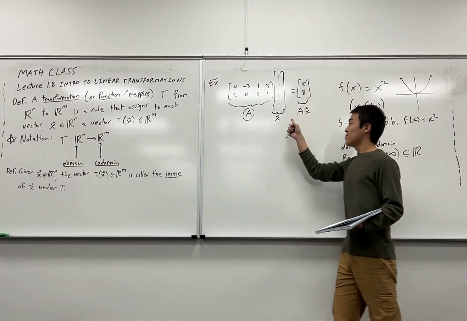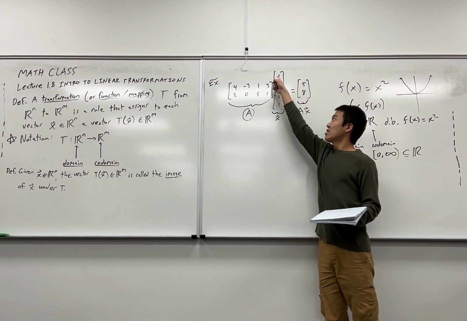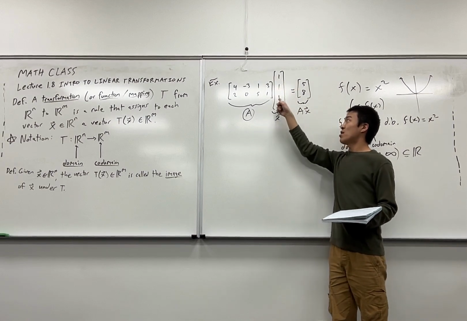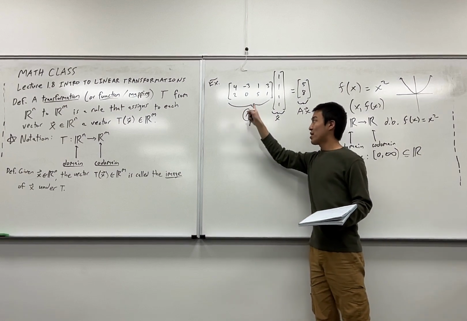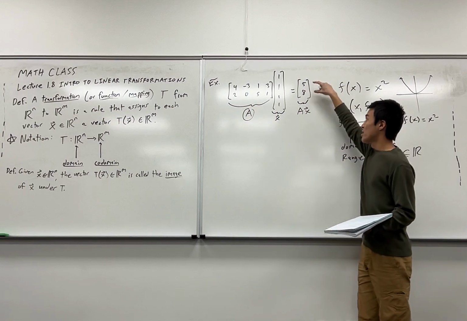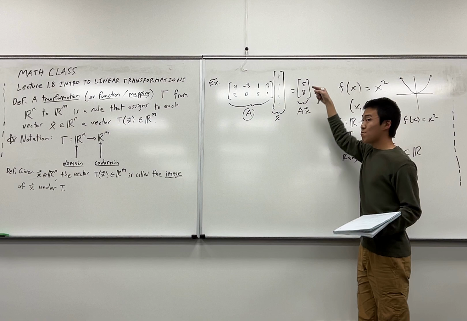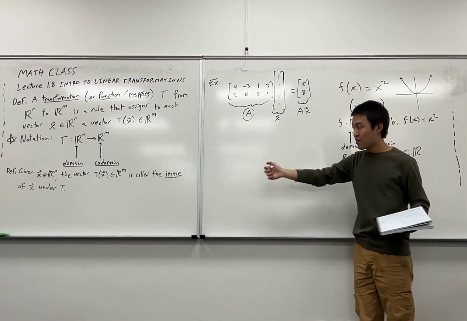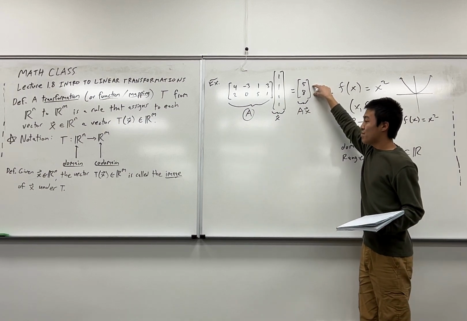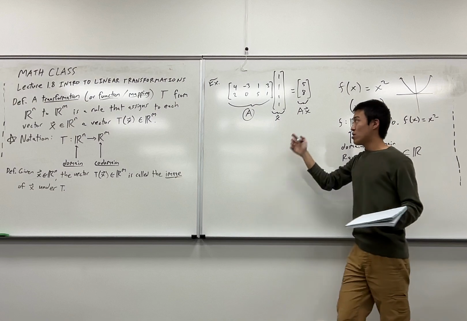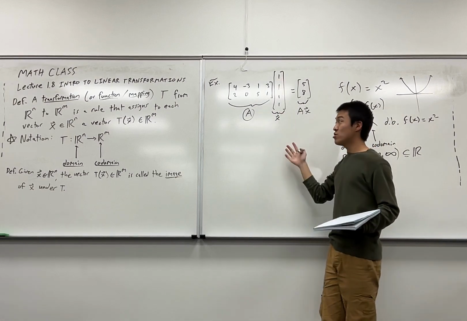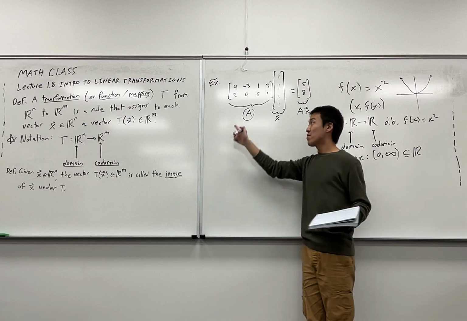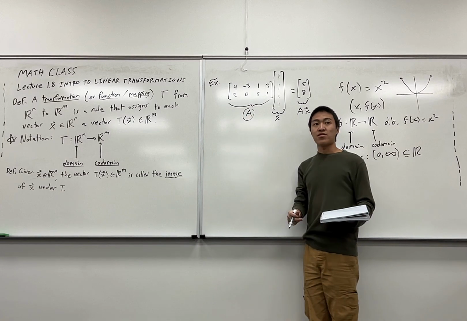I would say then that if I had the input vector 1, 1, 1, 1, and I acted under the transformation defined by A times x, then with this vocabulary, this vector 5, 8 is the image of the vector 1, 1, 1, 1 under the transformation T defined with this specific matrix.